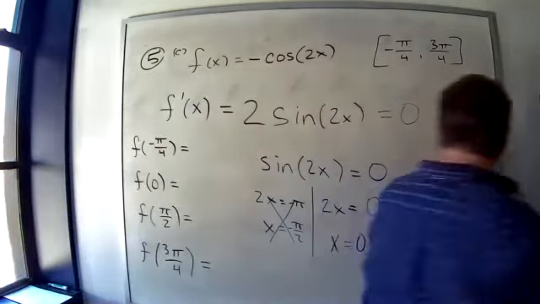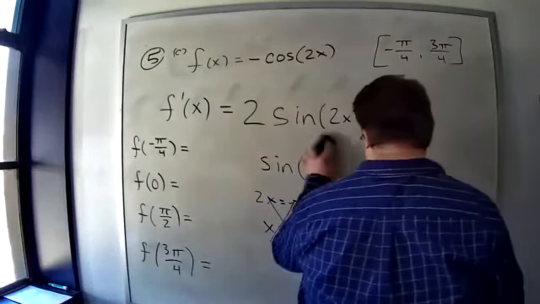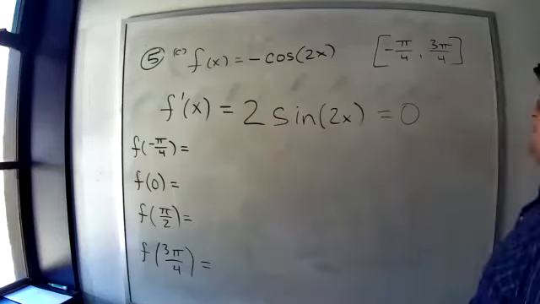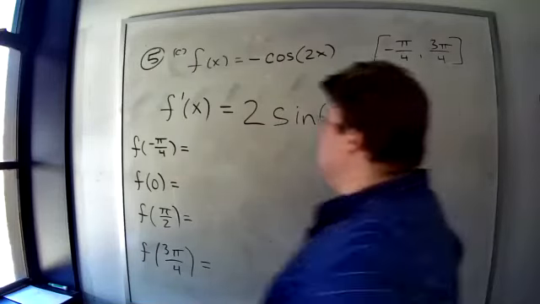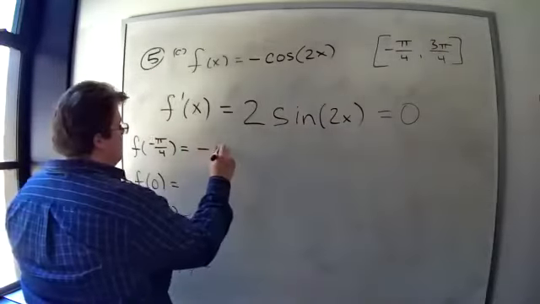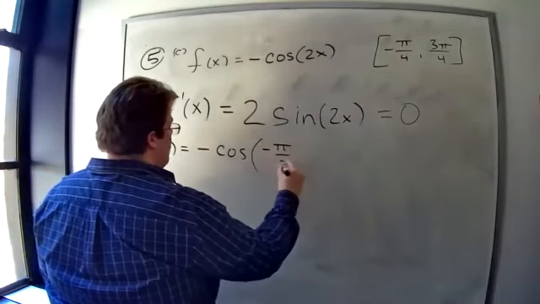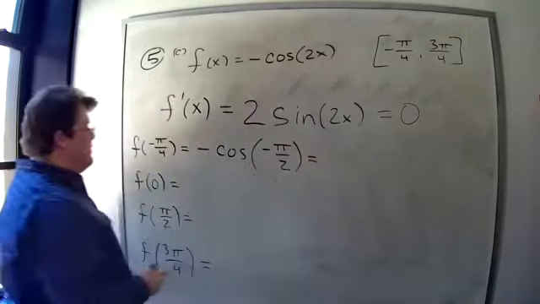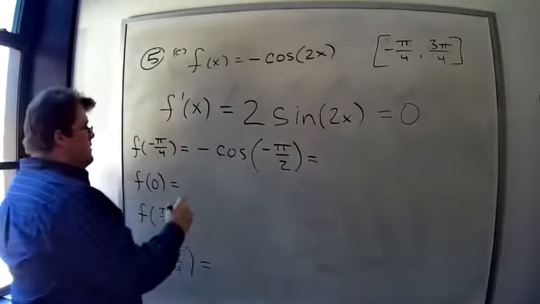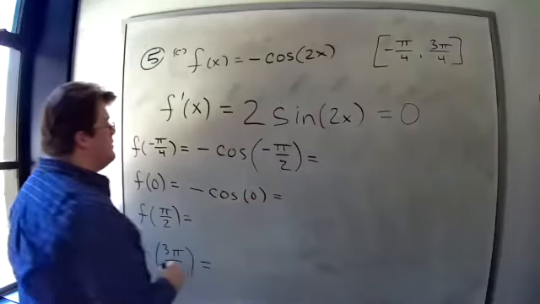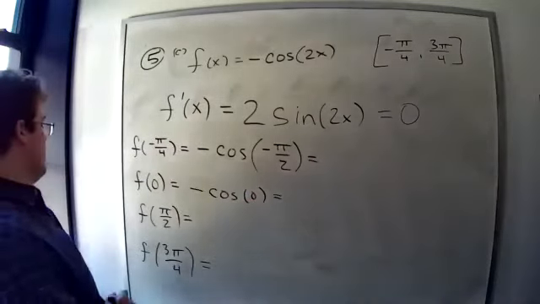And we need to evaluate our original function at these angles. So what do we get? Well, we have negative cosine of negative pi over 2. And we'll simplify that. We have negative cosine of 0. And cosine of 2 times the angle.